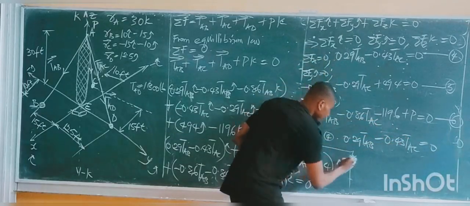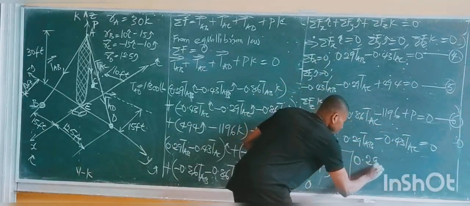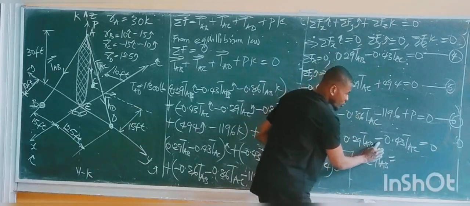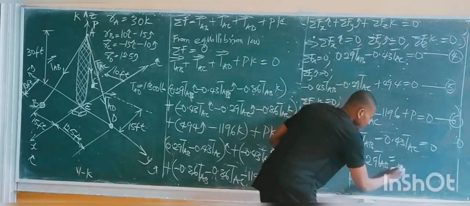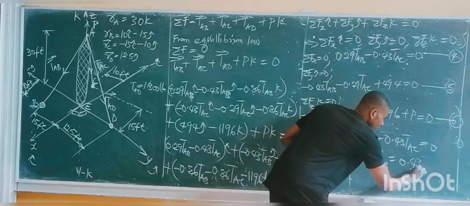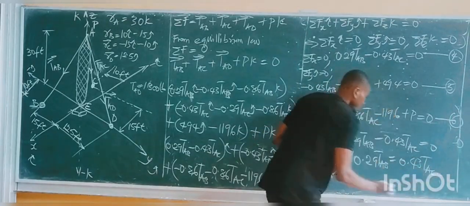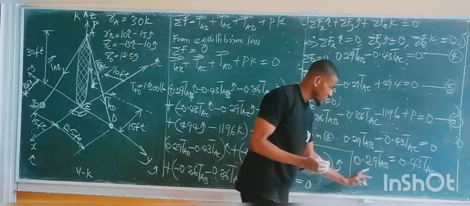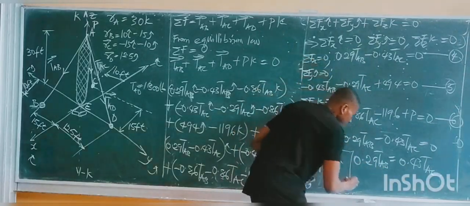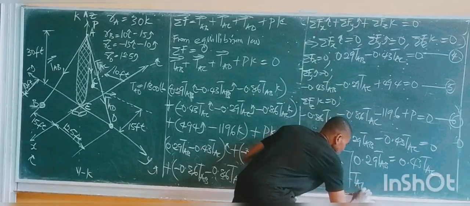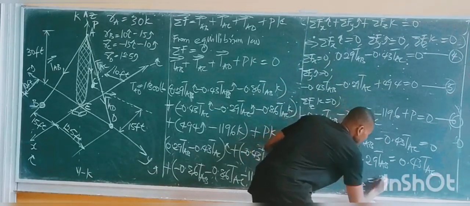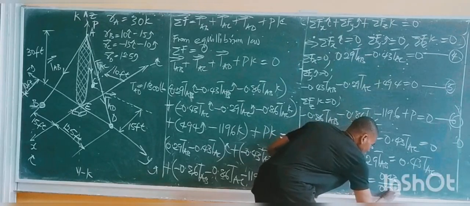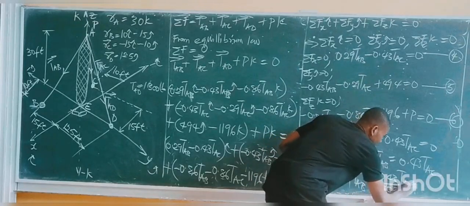I will simply have 0.29 TAB equal to, negative sign becomes positive and equal sign becomes positive, 0.43 TAC. So to make TAB the subject, divide both sides by 0.29. So I'll simply have that TAB is equal to 0.43 divided by 0.29 TAC.